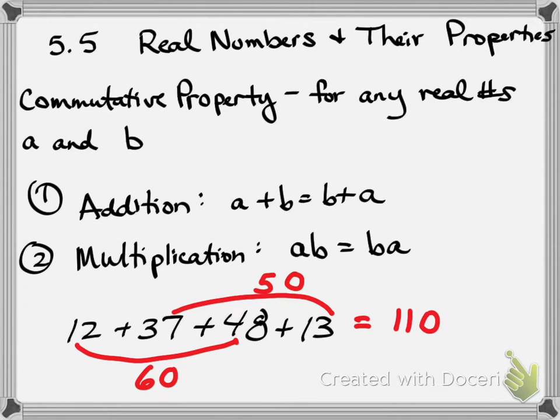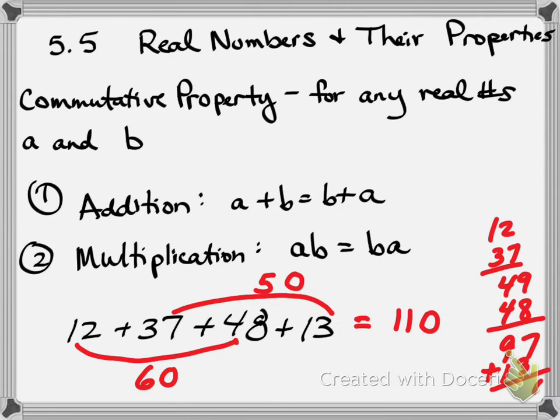That's a lot faster than me saying 12 plus 37 is 49, and then let's add 48, and then let's add 13. It's not terrible, but using the commutative property makes it easier.